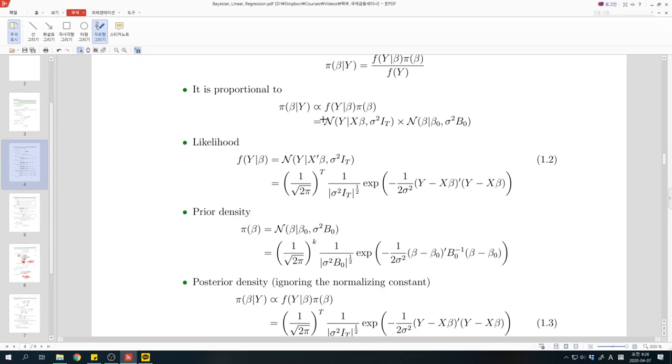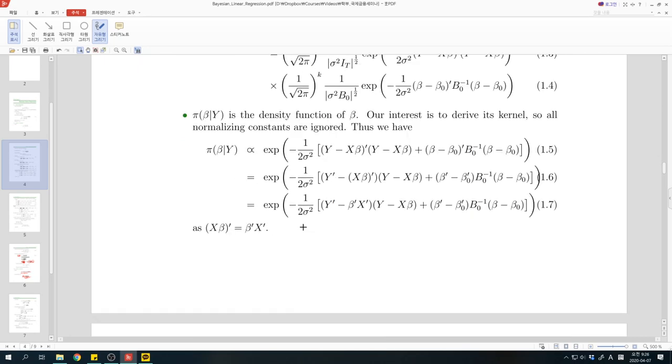Anyway, given the likelihood, depending on your choice of the prior distribution, the posterior can be feasible or not. So if the likelihood is normal and your prior for beta is normal, then the posterior is feasible, and this sort of prior is called a conjugate prior.